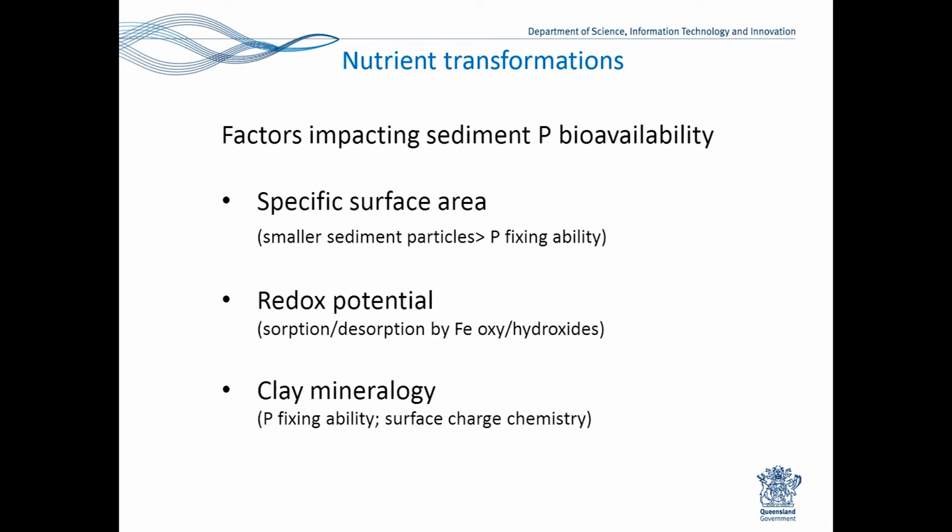But if the phosphorus is absorbed on iron compounds and you end up with a redox potential going down, what happens is the iron gets reduced from iron 3 to iron 2, the iron 2 becomes soluble, and the phosphorus which the iron 3 was holding gets released into the water column. So when you go into an anoxic condition where the adsorbed phosphorus is associated with iron compounds, you can have a major release of iron and phosphorus, dissolved phosphorus, into the water column.